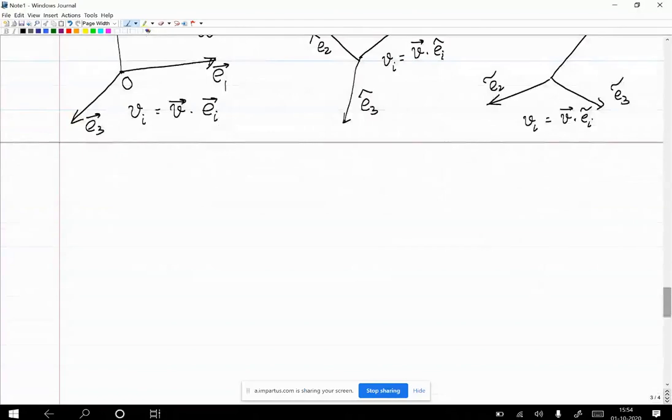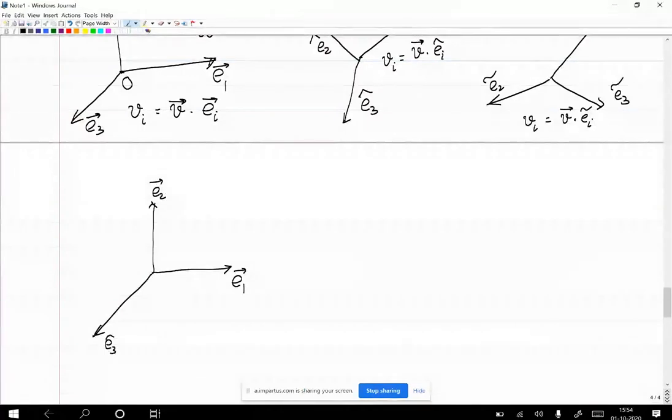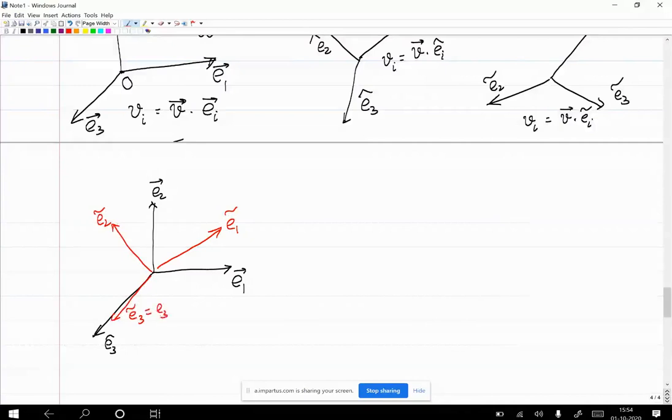Let me draw another nice example, a more specific one. So you have this E1, E2, and E3. And think of a red coordinate system having the same origin, which is E1 tilde, then E2 tilde, and E3 tilde, which is the same as E3.